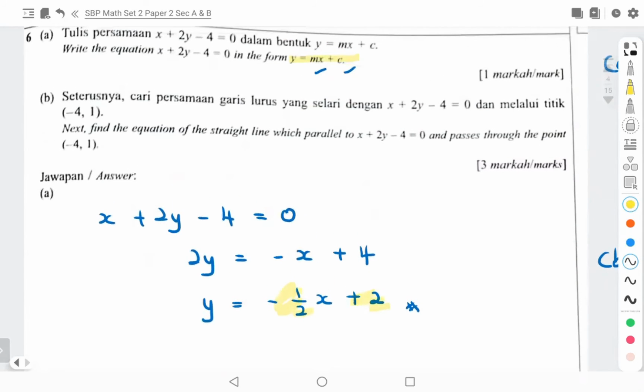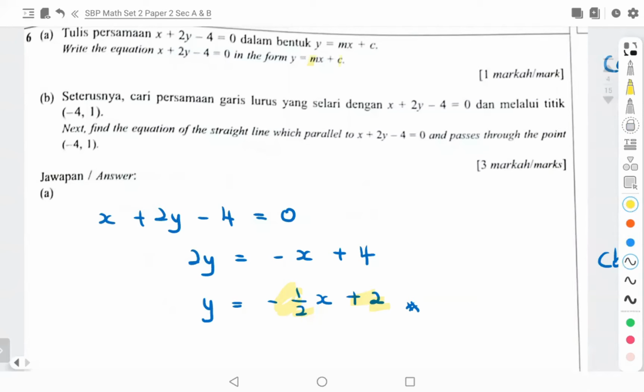Okay, based on the general formula here. Negative 1 over 2, is it positive? Negative. You have to take all the value in front of x, including the negative.